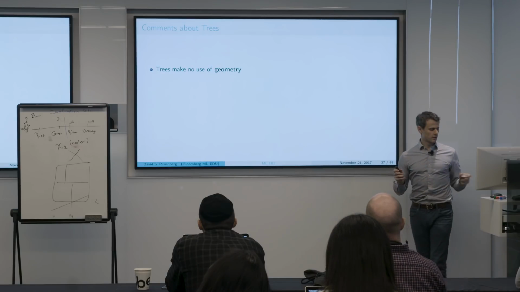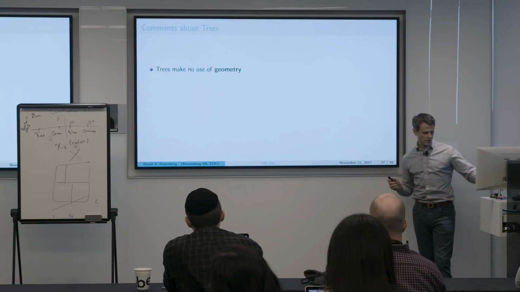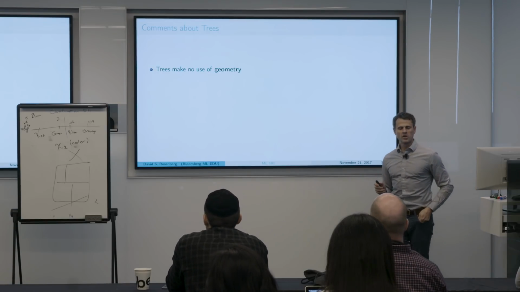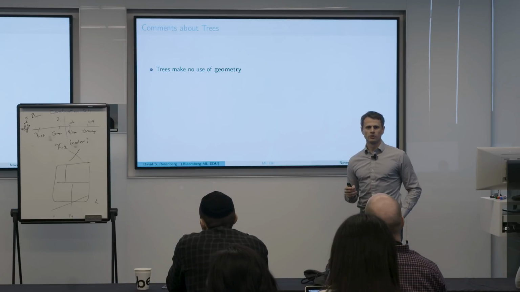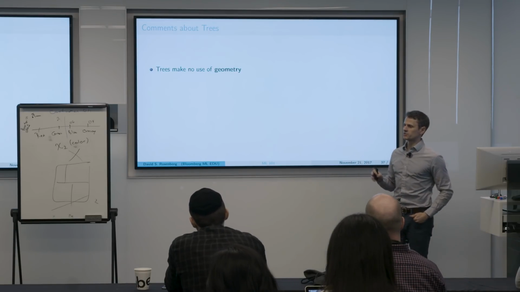All right. And I think the last main comment I want to make about trees is to note that there's no geometry in trees. There's no inner products. There's no distances. All these things that show up in linear models are completely absent from trees.